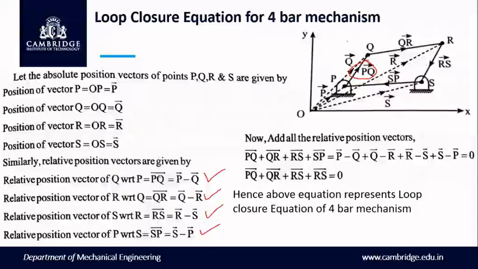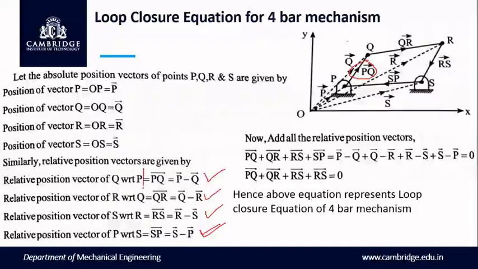We can find these vectors using absolute position vectors. The position vector PQ is equal to vector P minus vector Q by considering vector algebra, QR equals vector Q minus vector R, RS equals vector R minus vector S, and SP equals vector S minus vector P. Now considering these relative position vectors, let us add them all.